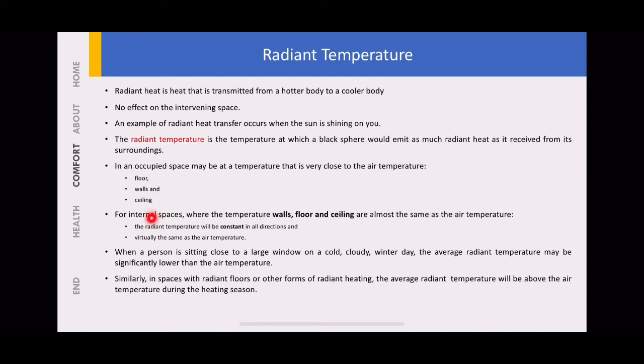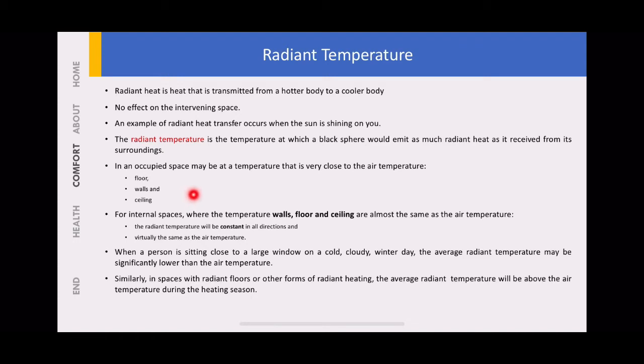right? Your floors, your walls and ceiling, especially in temperate climates, winter and summer countries, these three items must be well conditioned, especially the floor, right? So you don't want a very cold floor in a very cold winter, then you step on it barefoot, right?